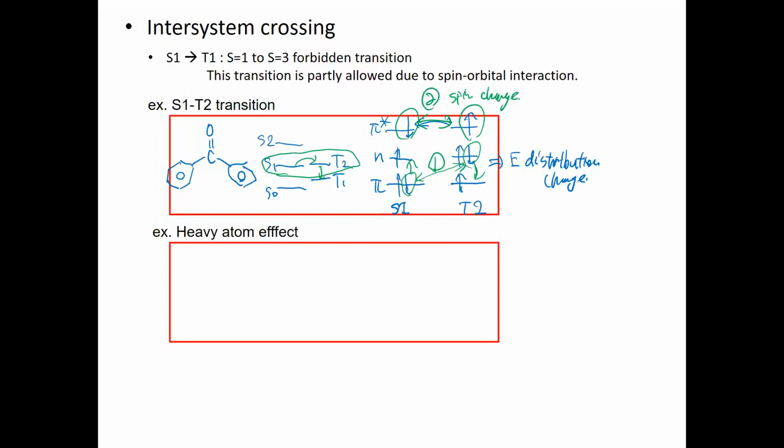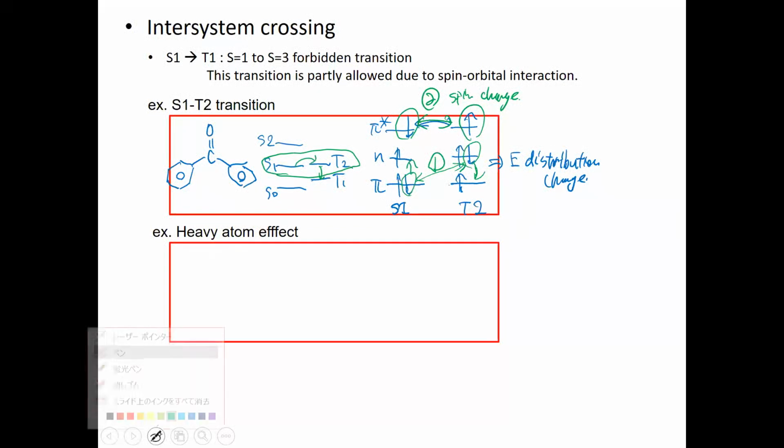So I could summarize like this: the large electron distribution change could induce a spin flip due to the induced magnetic field. That's one of the reasons. And actually benzophenone has almost 100% triplet efficiency.